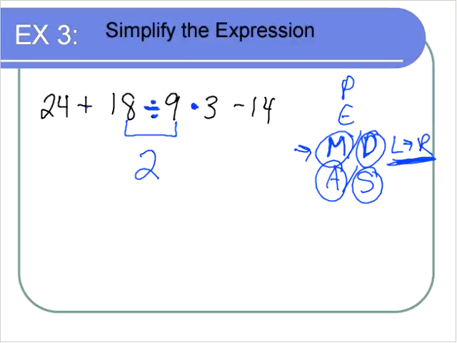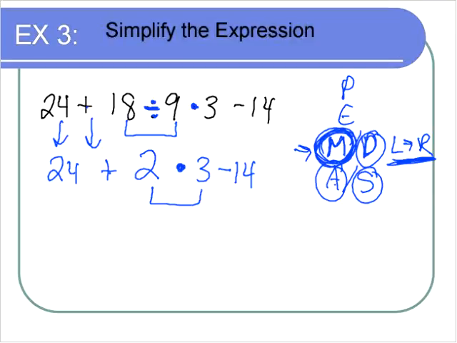Before I go any further, I want us to rewrite the rest of our problem. Drop everything straight down. Let's see what we have left. An add, a multiply, and a subtract. Well, again, multiply is higher than add and subtract, so I'm going to do multiply next. 2 times 3 is 6. Let's drop down everything else.